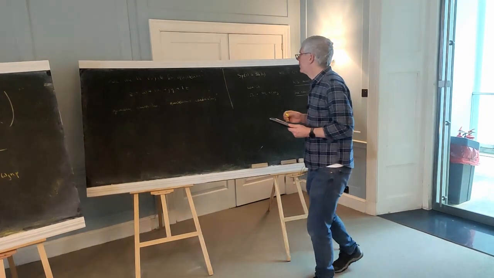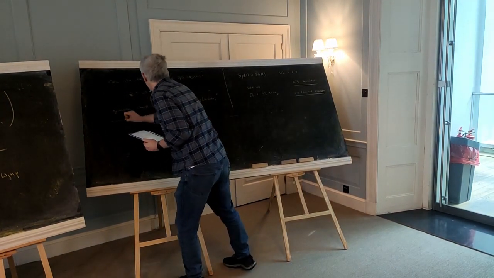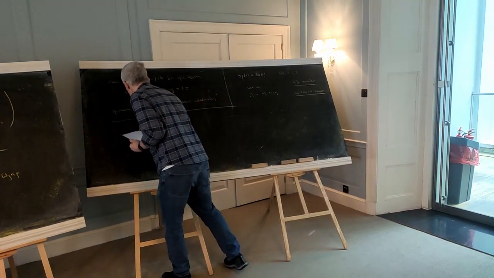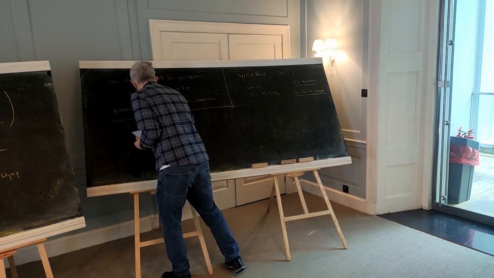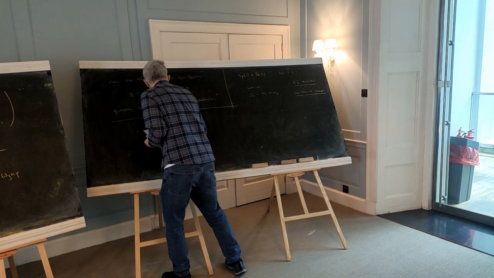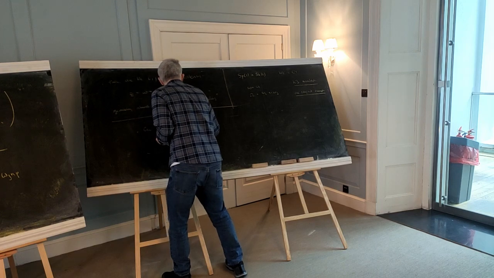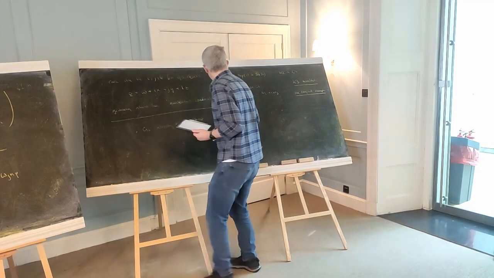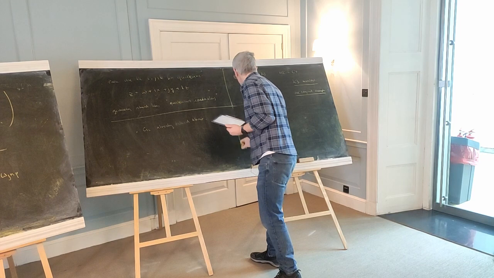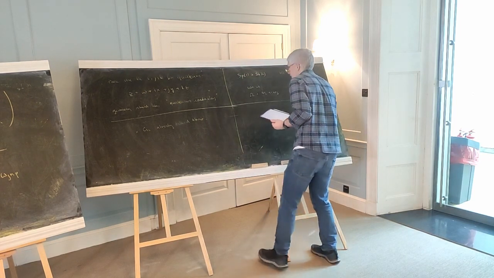And then, what about the other ones? Well, G2, we sort of already talked about. So I think just to complete the list, I need to tell you about Spin(7).